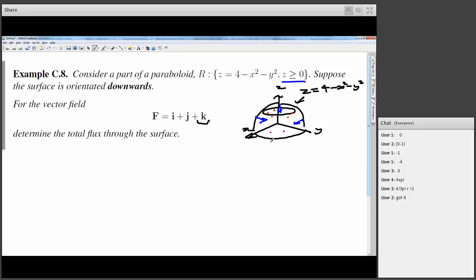You look at it and you go, well, this isn't easy because it's a curved surface, so it's not a plane, and I can't even work out the normal that easily. So what I really have to do is work out this capital N that we were just talking about.